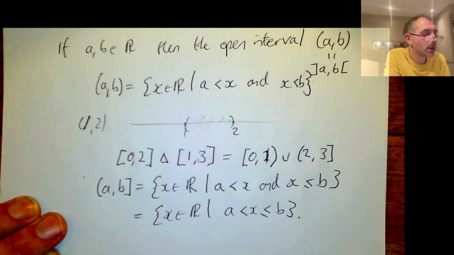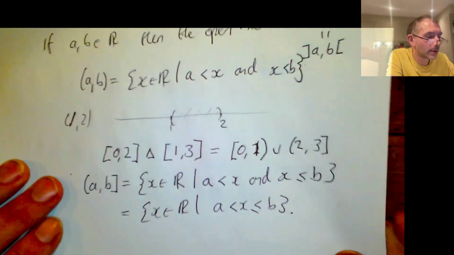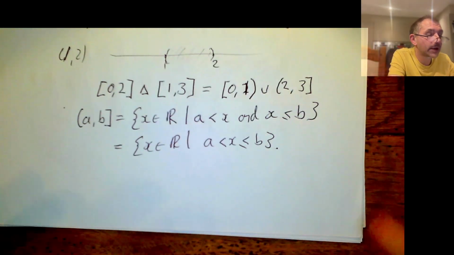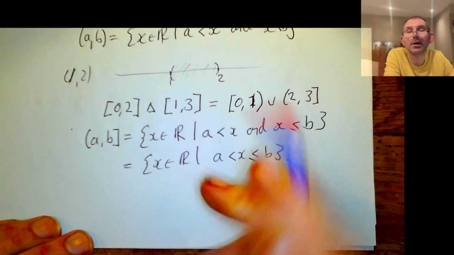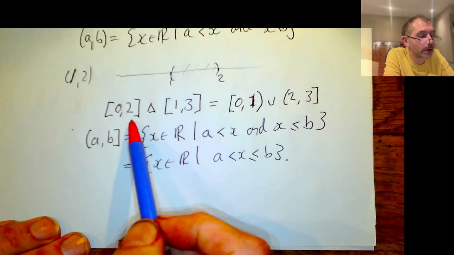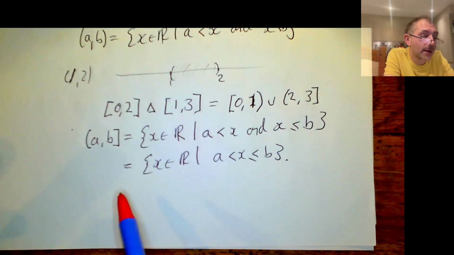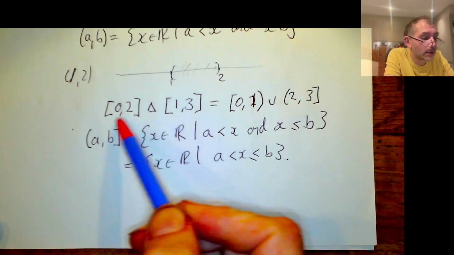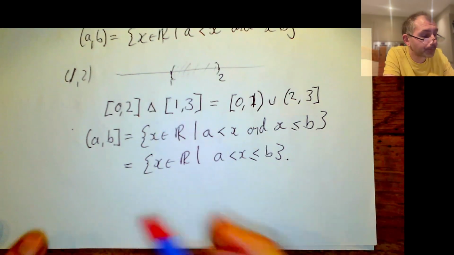Okay. So there's one more thing I want to point out about these intervals. I've taken a nice example where you get something sensible. If I look at the closed interval between 0 and 2, I get some numbers because there are numbers between 0 and 2.